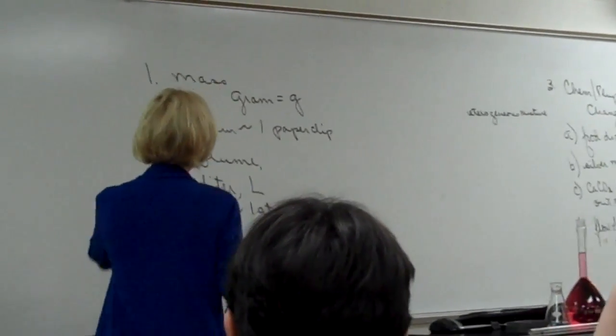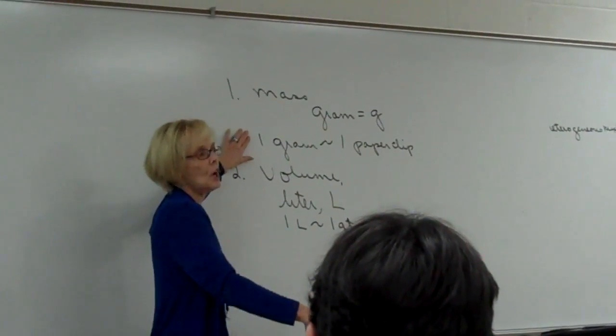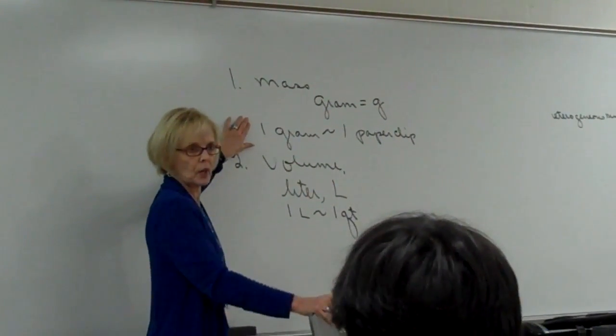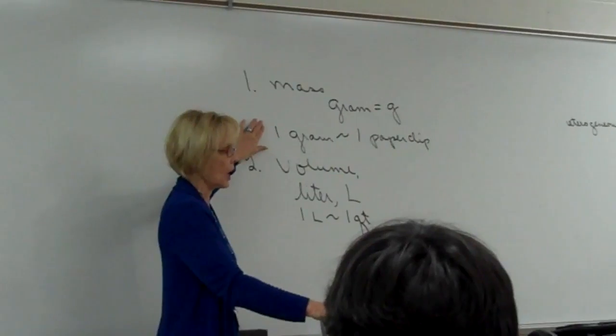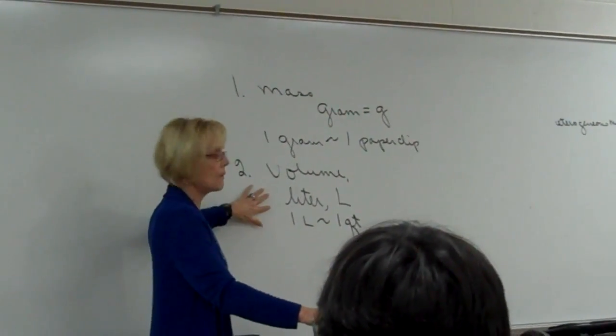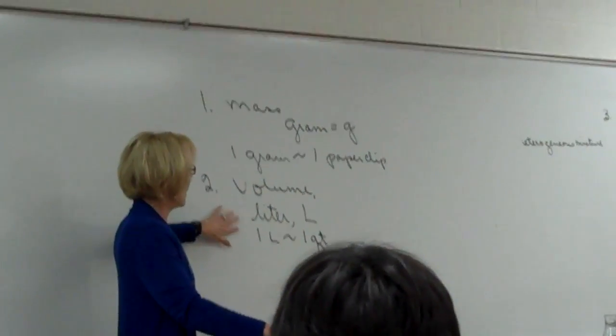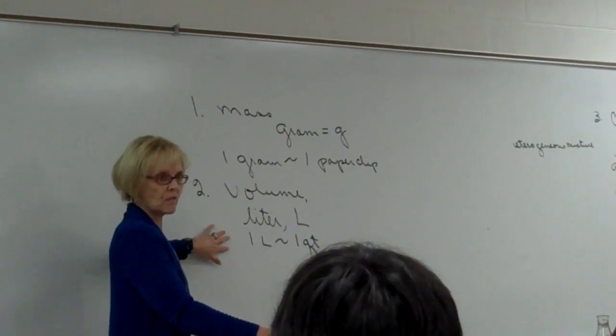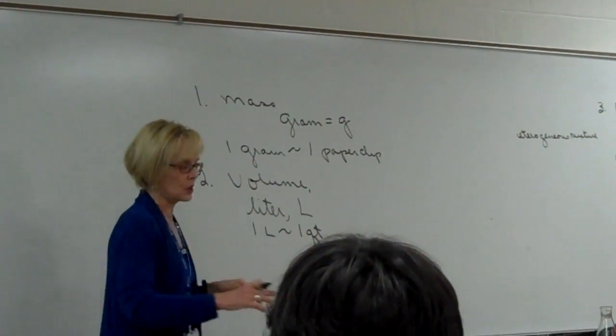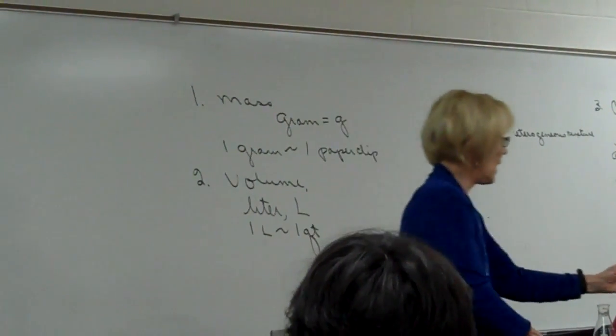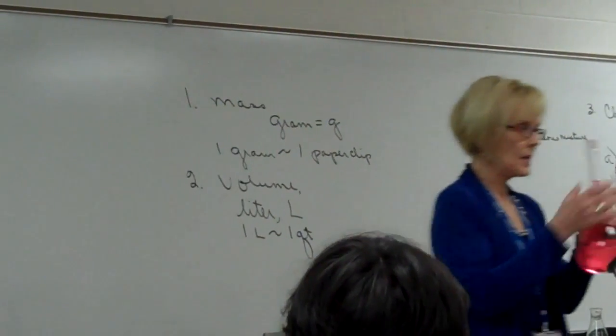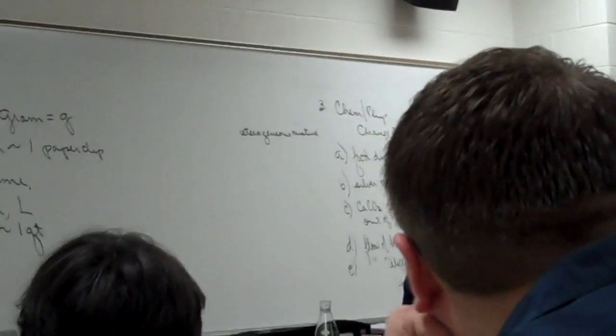When we're measuring, to go back up here, we're measuring grams, we use our electronic balances, and that's all we've got to measure grams with. But volume, there's a lot of different ways to measure volume. If it's a liquid, we have volumetric flasks, and these things, they come in all different sizes.